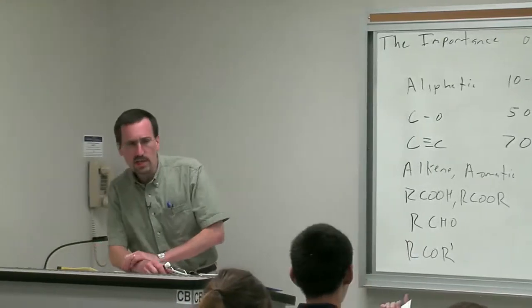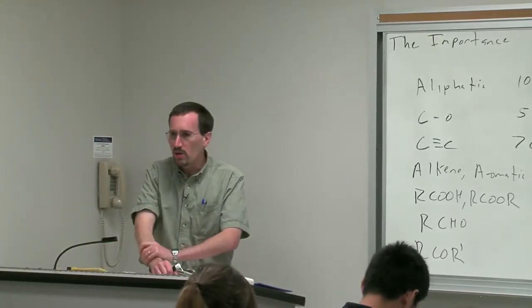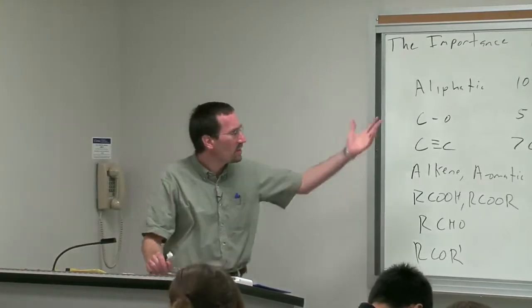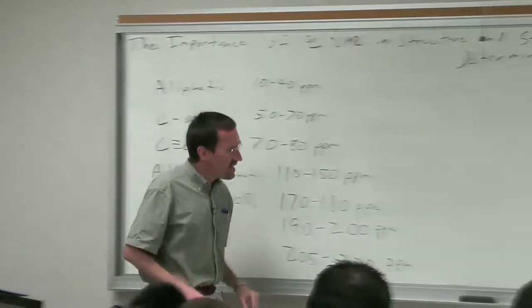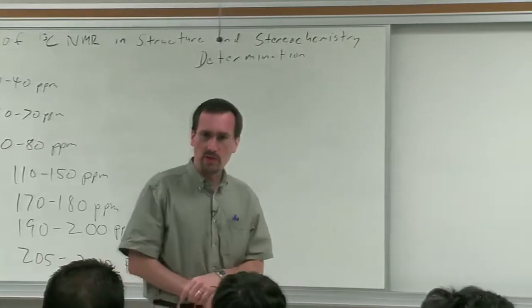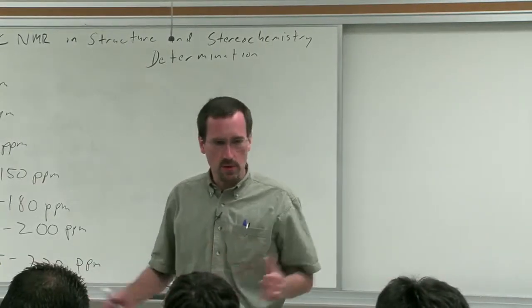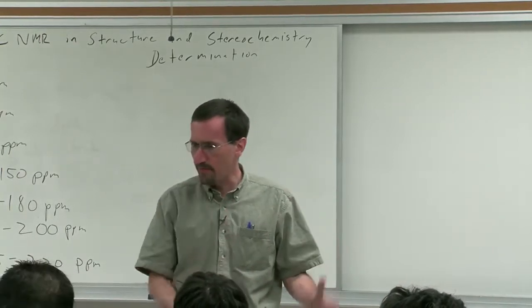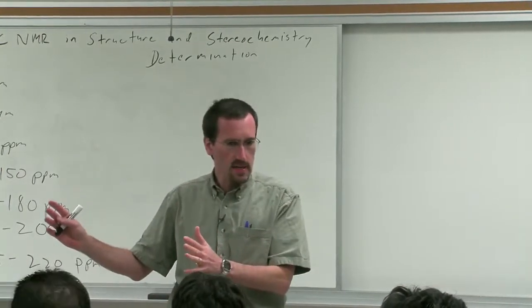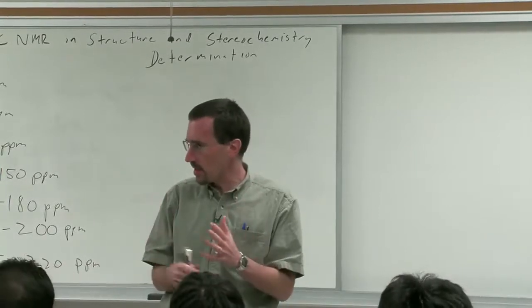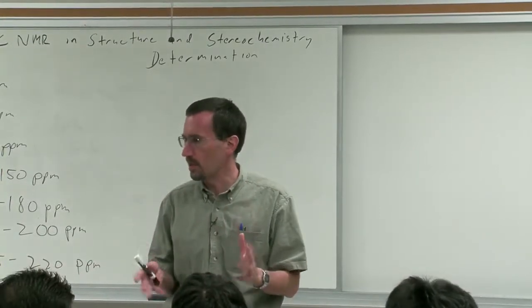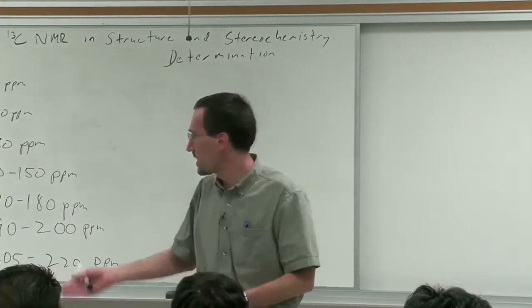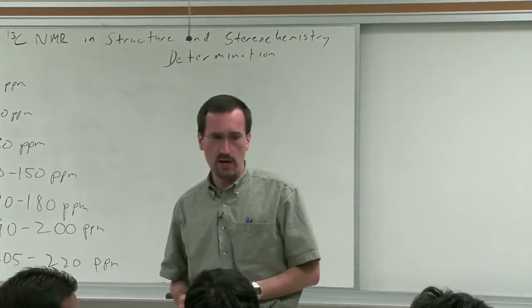So what I wanted to do today was to talk more about carbon-13 chemical shifts. When we talked last time, I gave you this general information that, just like proton NMR, in carbon NMR aliphatics tend to be upfield and aromatics tend to be downfield. Things next to electron withdrawing groups, particularly oxygen, tend to be midfield, in that 50 to 70 range.